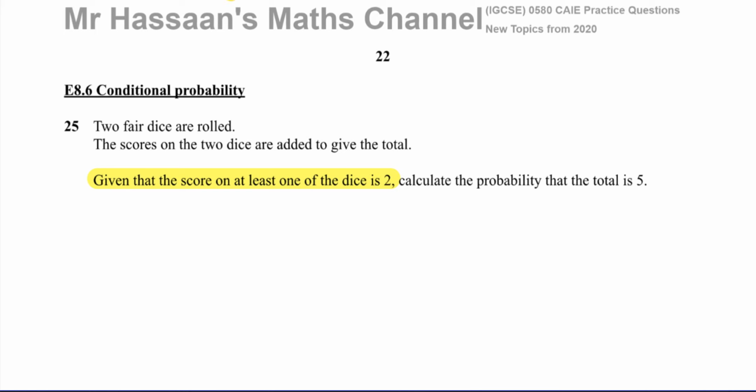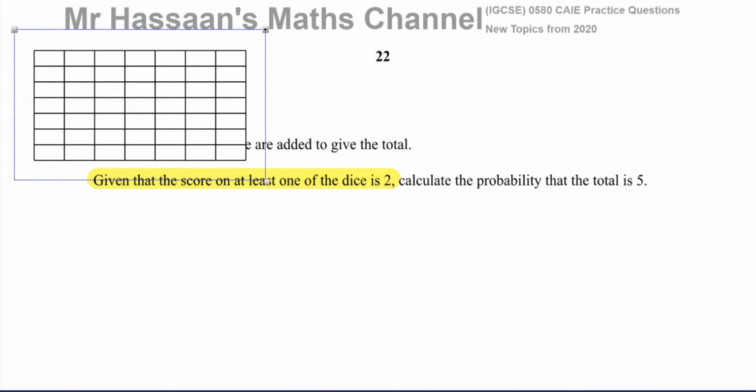So when you have this statement, given that, in a probability question, it means that the normal sample space is now being limited to just these items. If we look at the sample space now, I'm going to use this little table that I prepared earlier.